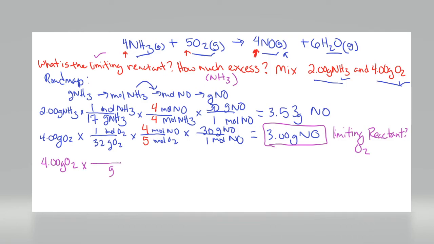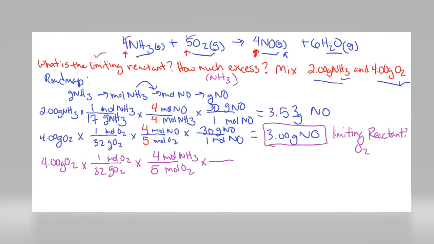So same step where we have grams of O2 and then moles of O2. So we have 1 to 32. And then we have this step, we're going from moles of O2 to moles of NH3, right? And if you look above, we have 4 ammonia to 5 of oxygen. So we have a 4 to 5 ratio.